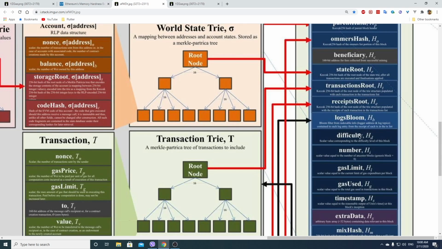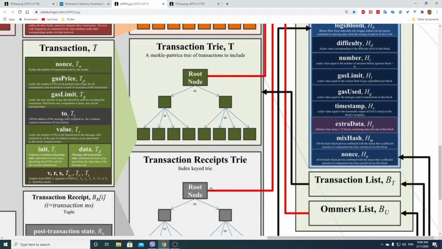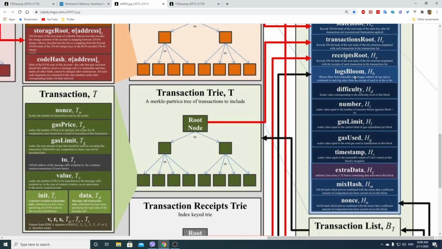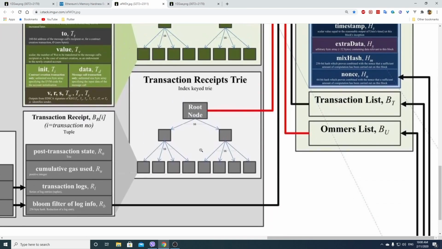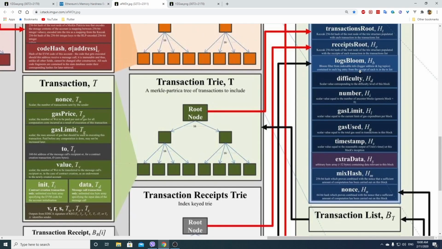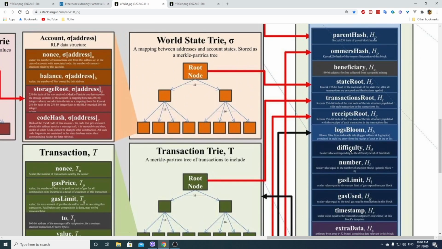So we can store transactions, state, and receipts in the same way. Now we have a logs bloom. So the logs bloom is a bloom filter, which allows you to easily find out if you have a particular log entry.